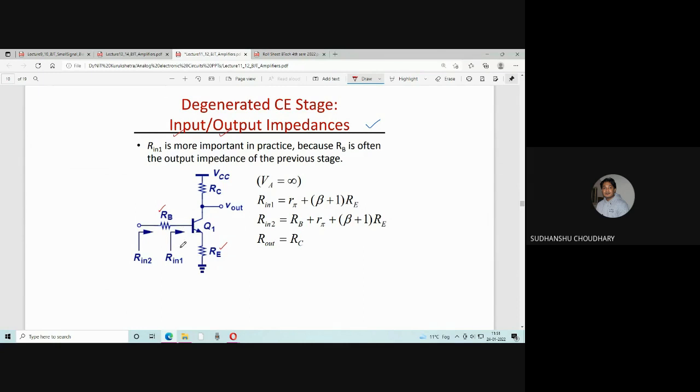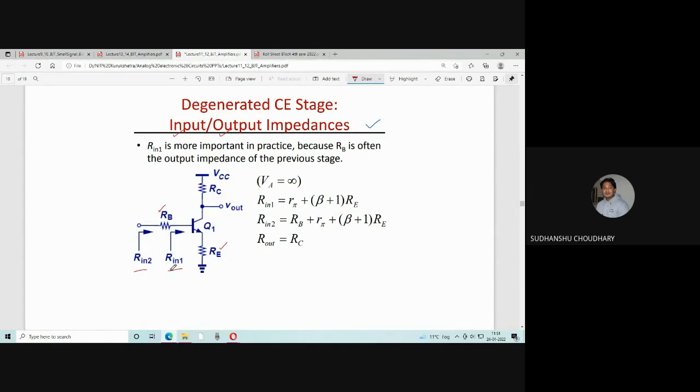That is the input impedance looking into the base from this side. I say that this is R in 1, let us say, and when RB is connected, then the overall input impedance looking from this side is R in 2. Okay. So R in 2 is composed of R in 1, obviously. So one can find them separately.